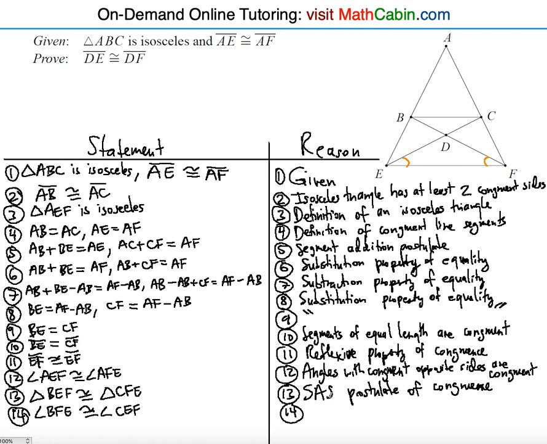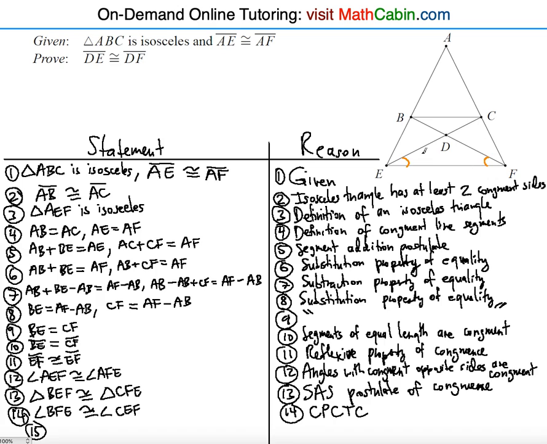Okay, and the reason for that is that corresponding parts of congruent triangles are congruent. CPCTC, corresponding parts, in this case corresponding parts are these angles of these two triangles that we showed were congruent in step 13.